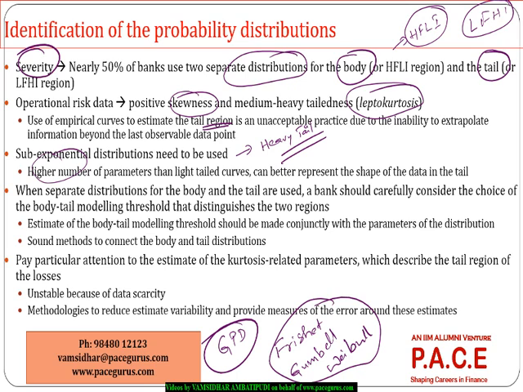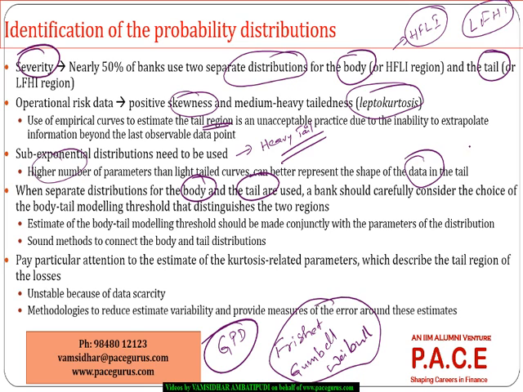All the extreme value based distributions have a higher number of parameters. Which means they can very well represent the shape of the data in the tail more effectively compared to the light tailed ones.